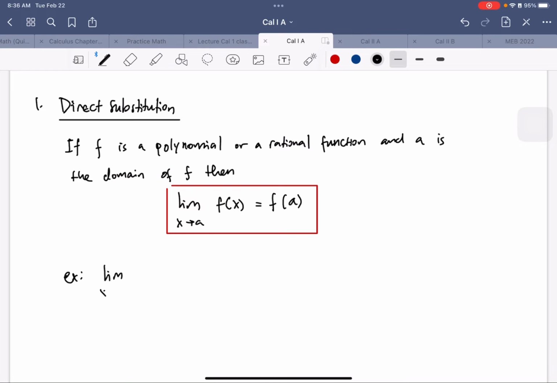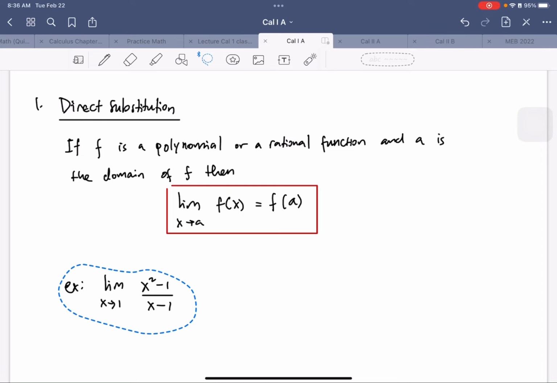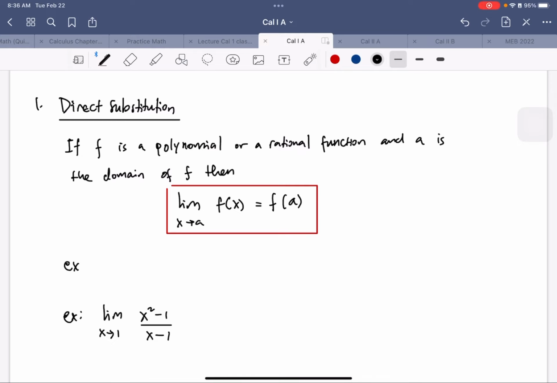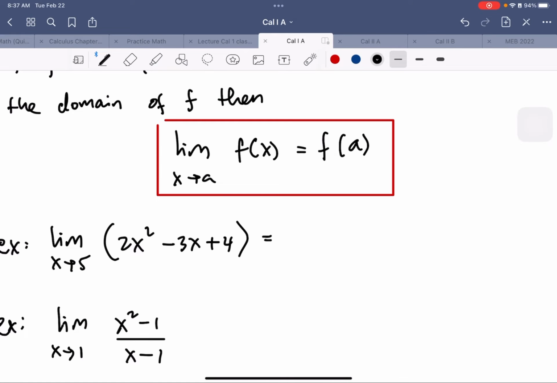Example. Let's say we have this simple example first.